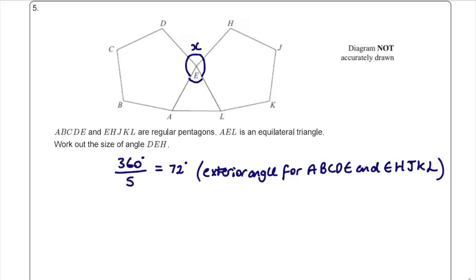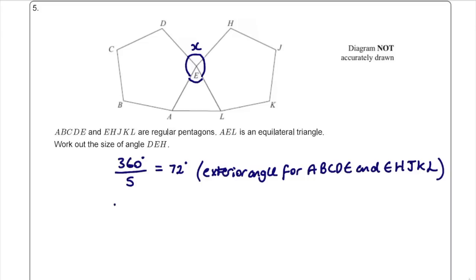They are congruent pentagons. So to work out the interior angle, what we should know is that the sum of the interior angle and the exterior angle add up to 180 degrees. So we know what the value of the exterior angle is.